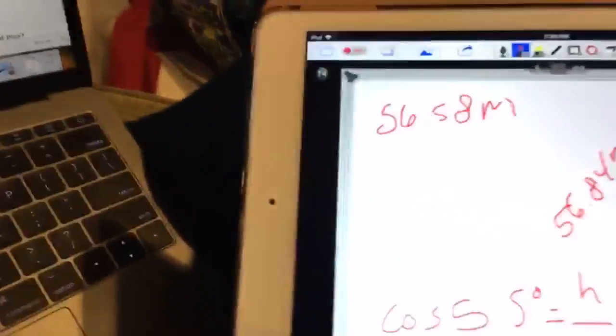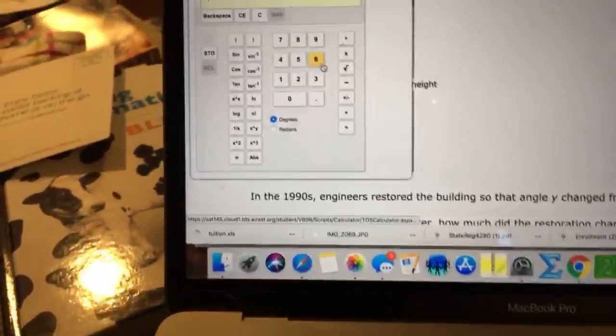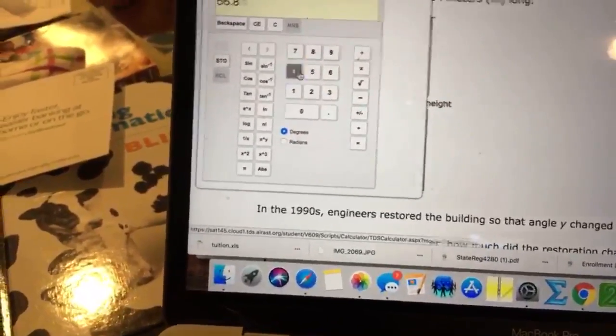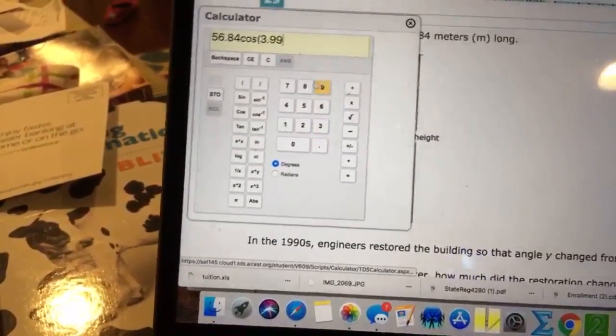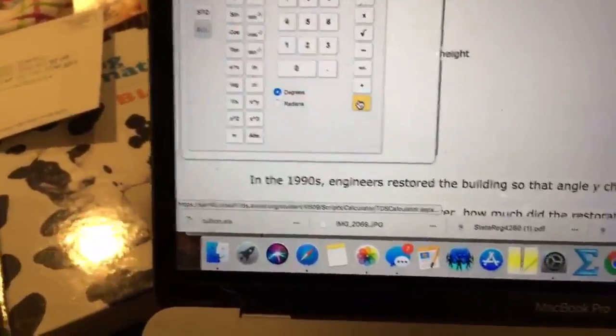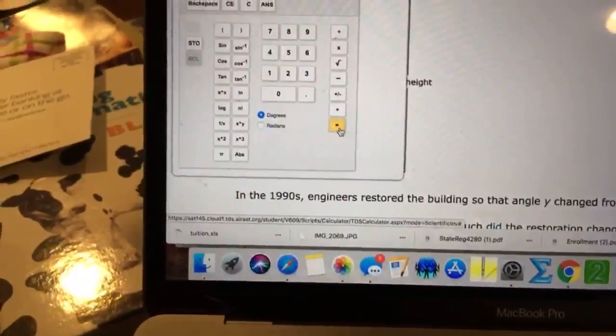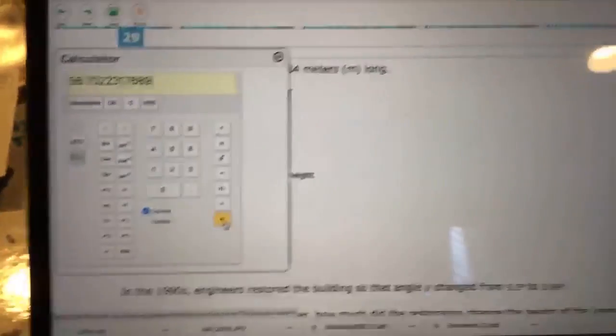I forgot it already. So, yeah, 56.84. So we're going back to our calculator. We're doing 56.84 cosine of 3.99. And that's going to give you the 56.70.